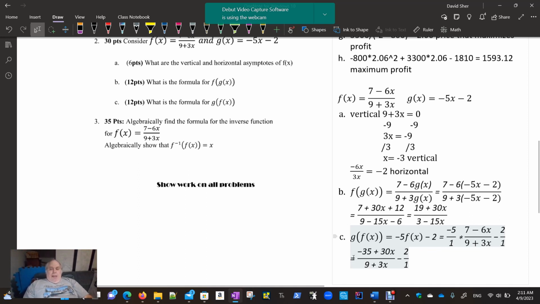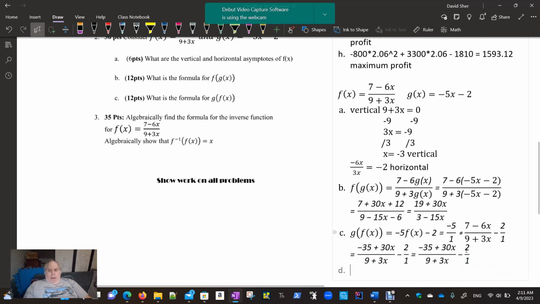Now we've got to take the other term and put it over a common denominator. The common denominator is going to be 9 plus 3x.